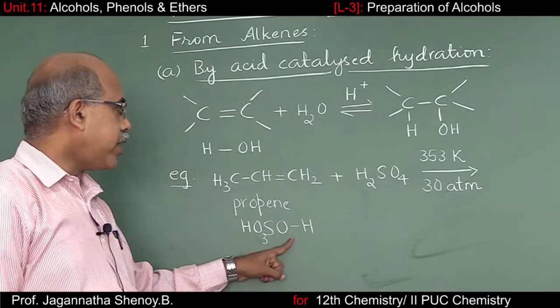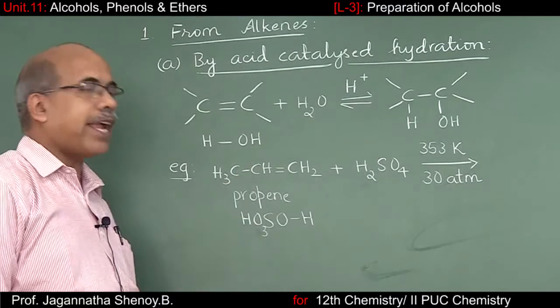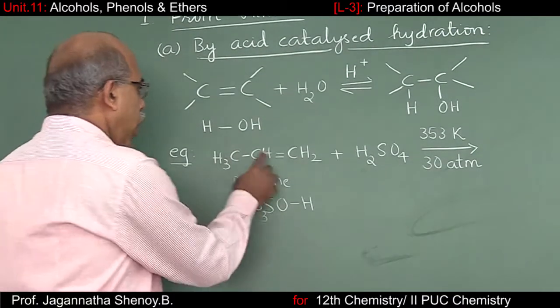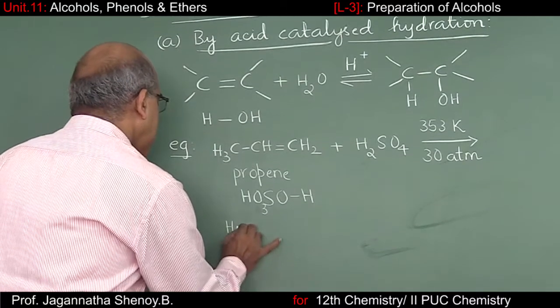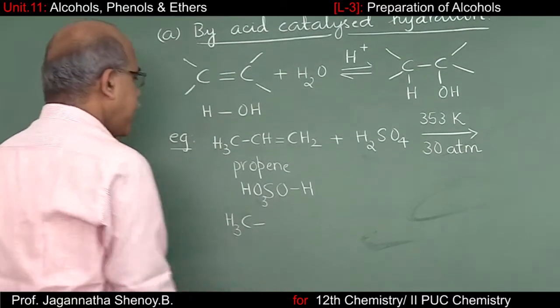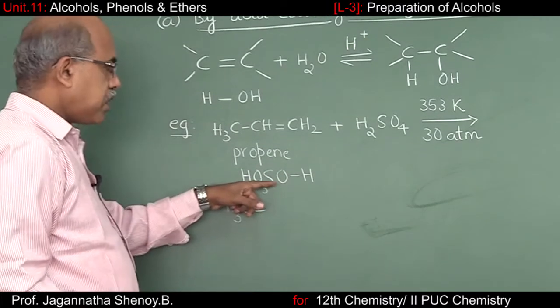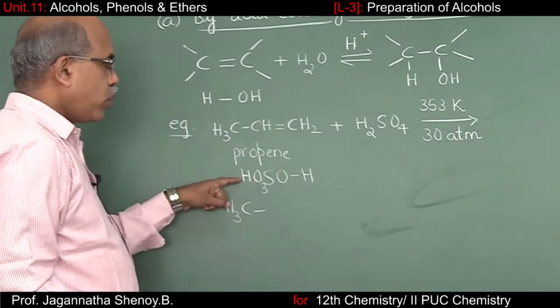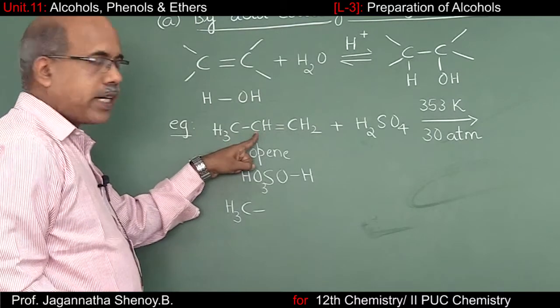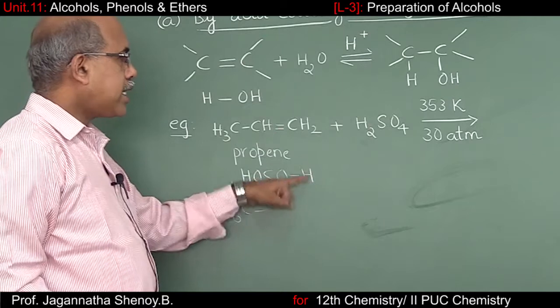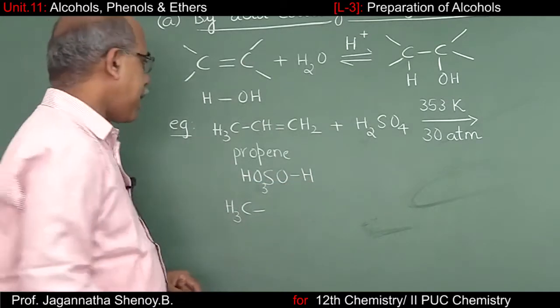Addition of sulfuric acid takes place according to Markovnikov's addition rule. So how can I write the next step? CH3. Here the negative part of the adding species, that is OSO3H, gets added to the central carbon atom. Double bond becomes single bond and this hydrogen gets added to carbon.